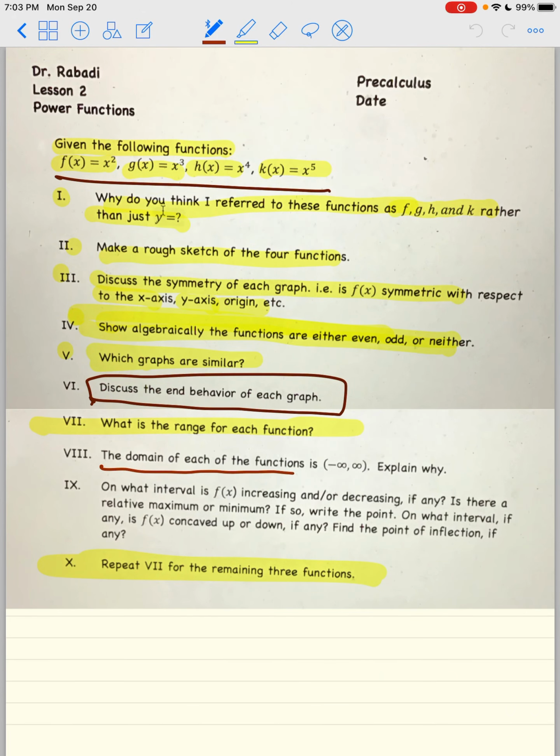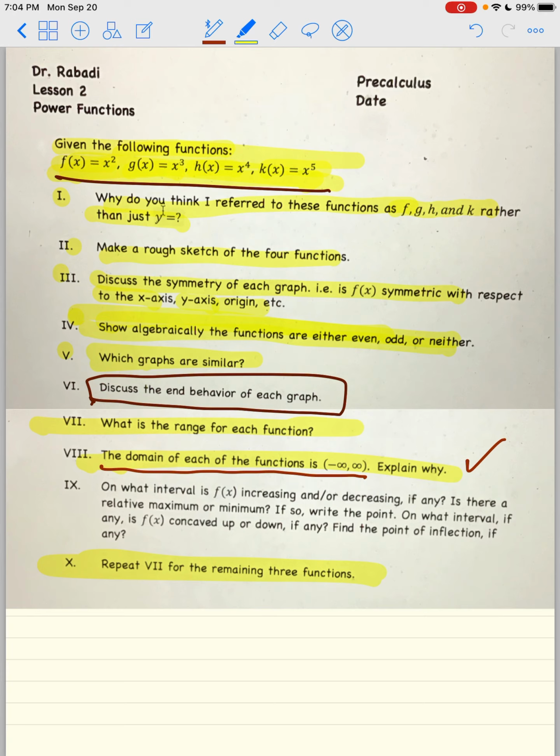The domain of each function is from negative infinity to infinity. Explain why. Well, we've discussed this many times. These are polynomial functions, right? And we said polynomial functions are continuous functions, which means that you could never insert a number that doesn't give you a y. So every single x value works. So therefore, the domain, which are the x values, they all work.